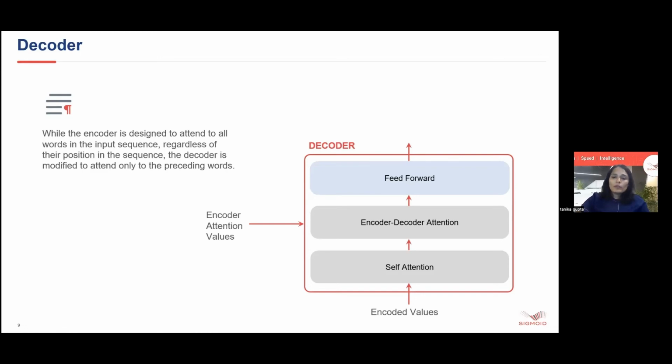What will this help the decoder with? These keywords will make it easier for the decoder to understand which parts of the sentence are important, and that is what is happening. The encoder attention values which go into the decoder attention layer help the decoder to understand the words which are important from the context, and that's why the translation happens smoothly.